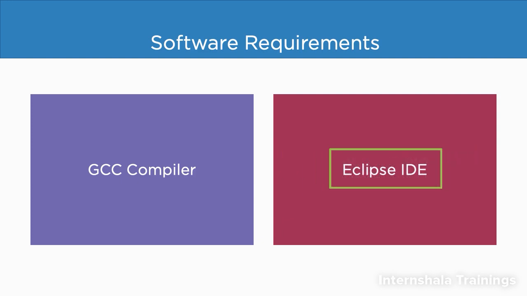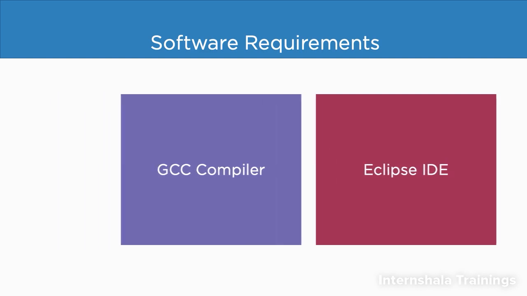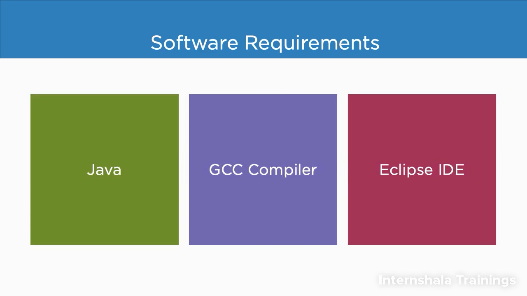Now this entire Eclipse IDE software is built using Java programming language. So if you want to use Eclipse IDE in your computer, then you need to install Java in your operating system. Now please don't get confused about why we are using Java in this training.